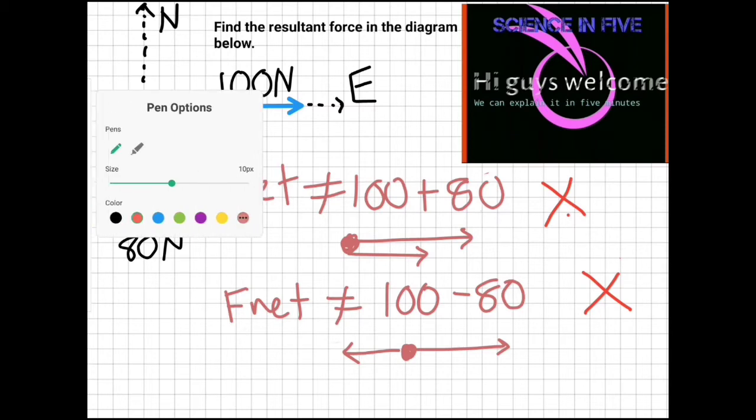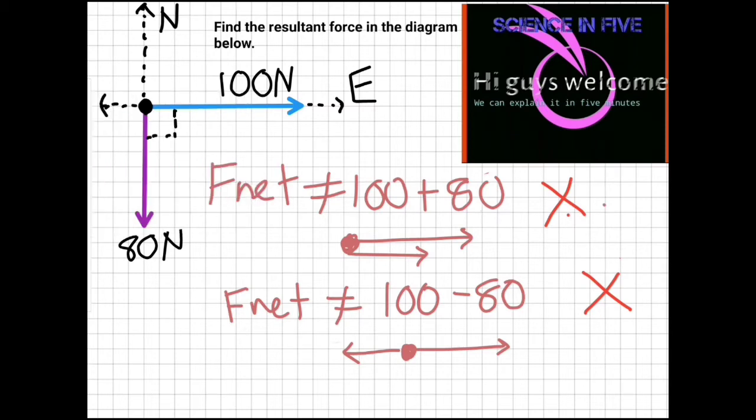But what we can actually tell is that the net force is going to be between the sum of 100 plus 80. So the sum of 100 plus 80 will be what? 180 newtons. The difference between 100 and 80 will be what? 20 newtons.